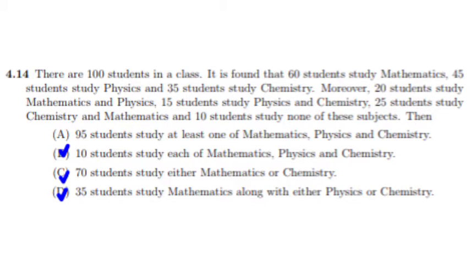Following are the options. So this is also a more than one option correct type of question. Let's solve it. Here we are provided the total number of students, that is n of T equal to 100.